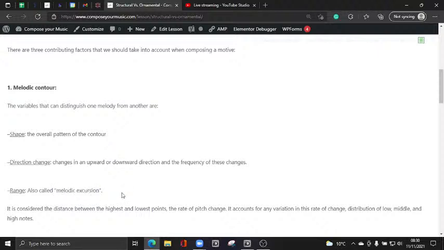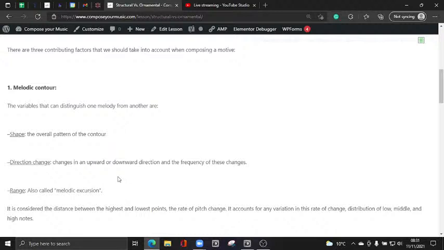For example, if you have a melody like this, the melodic excursion of this motif is a fifth, C to G. That's a melodic excursion.